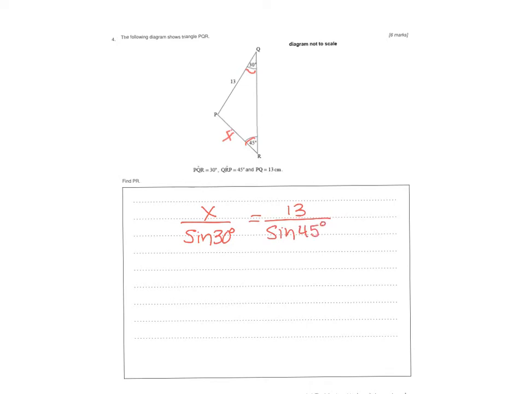And sine of 30 is something that we know from our unit circle. We know that at 30 degrees, sine is 1/2. And we also know that sine of 45 here, that's root 2 over 2.